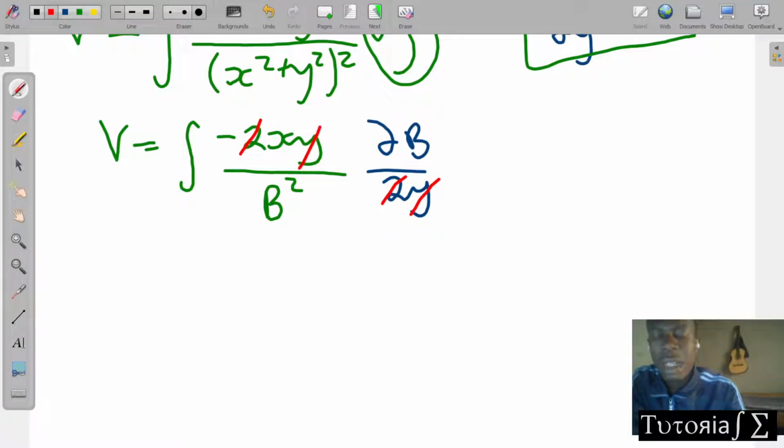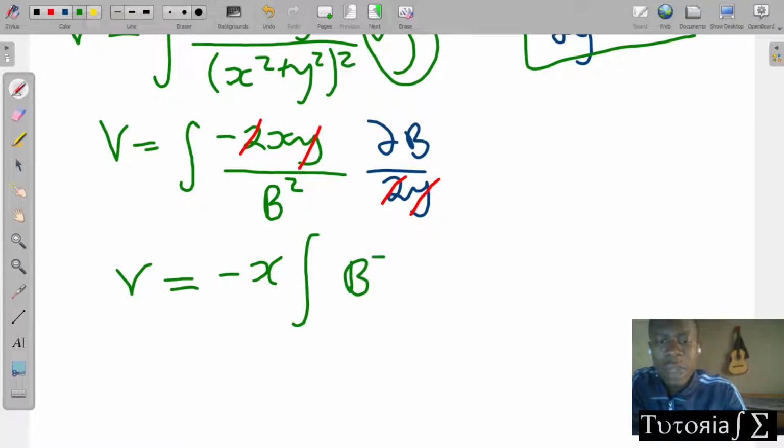When we make it the subject of the formula like that, we see that the y and the 2 there cancel out, and we can factor out the x, so our v will be equal to negative x, because x is our constant in this case, times the integral of b to the negative 2 db.